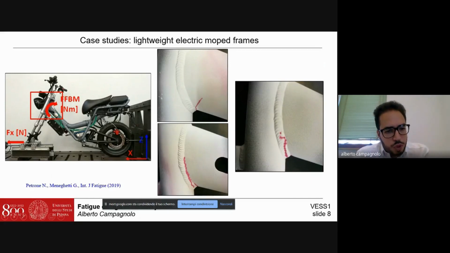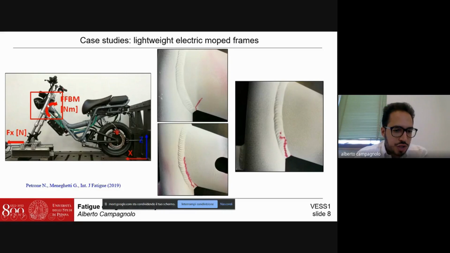The example reported in the left-hand side figure is a lightweight electric moped frame tested by my colleagues Petrone and Meneghetti in our laboratory. We fixed the rear wheels, and after that my colleagues applied this load Fx applied to this location by using hydraulic actuators.